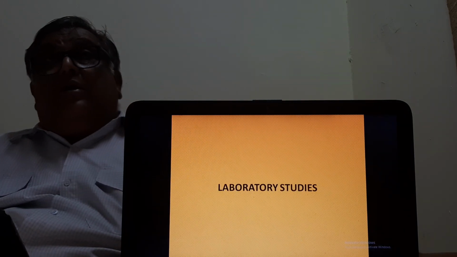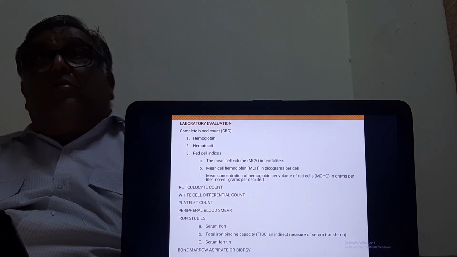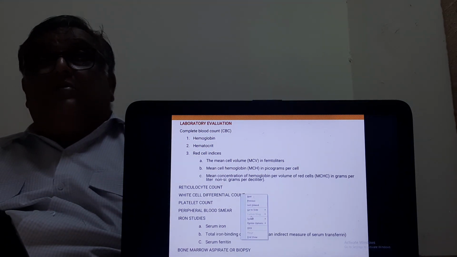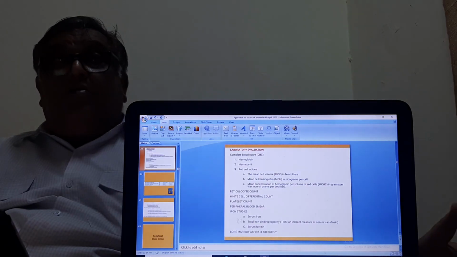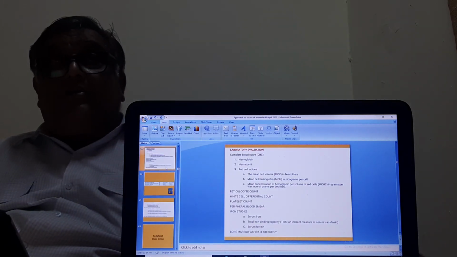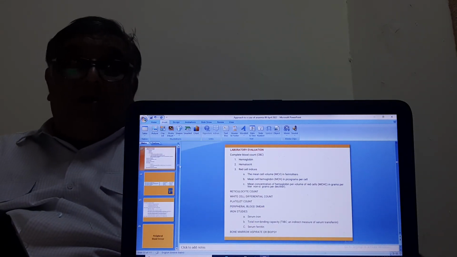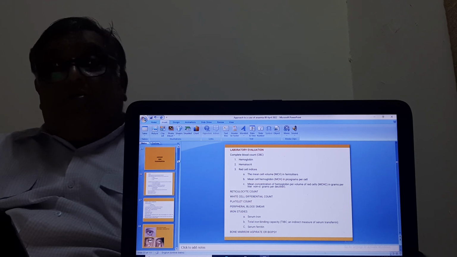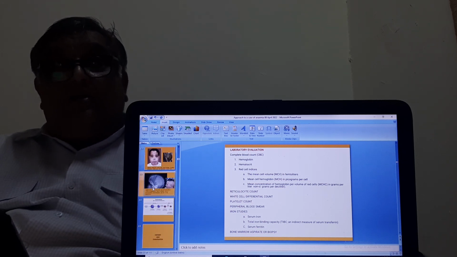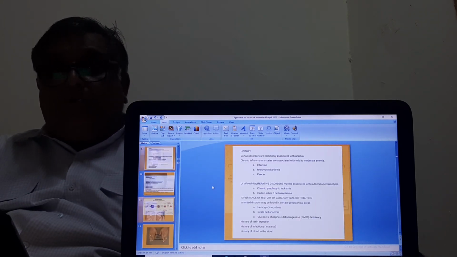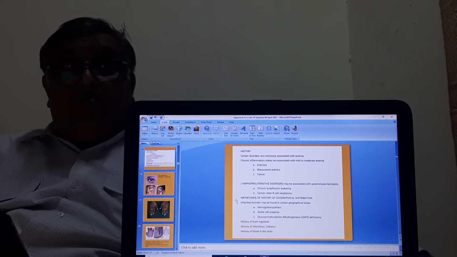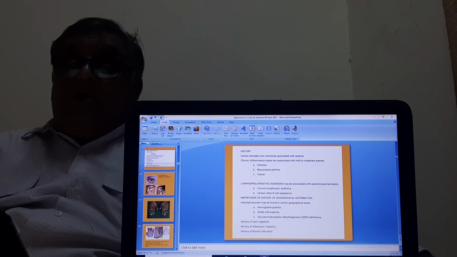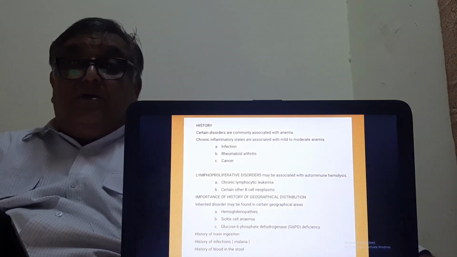We must check the geographical location of the patient because certain anemias are confined to certain geographical locations; for example, sickle cell anemia may be found in certain belts. Hemoglobinopathies like thalassemia are found in certain ethnic groups. G6PD deficiency is also found in certain people living in certain areas.